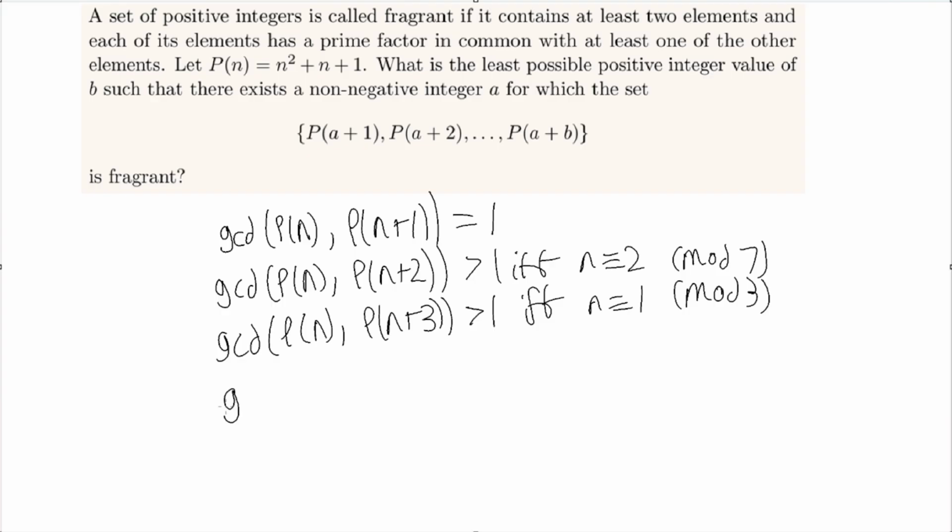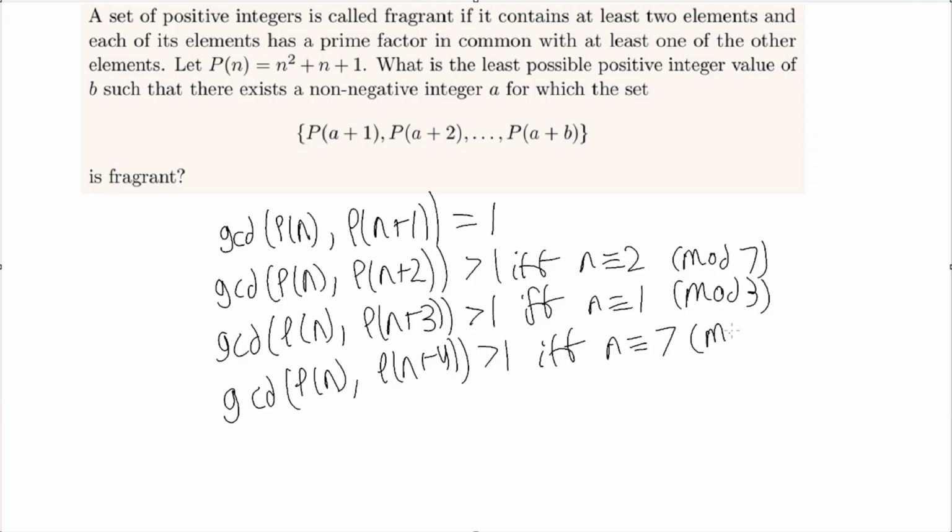And finally, what about P of n plus 4 now? Well, that's greater than 1 if and only if n is equivalent to 7 mod 19, I think. So these are the facts that we're going to be assuming for now. You can go ahead and prove all of them with the Euclidean algorithm, but that's not the important part here. The point is, how can we find a value of a which works for the b if it exists?